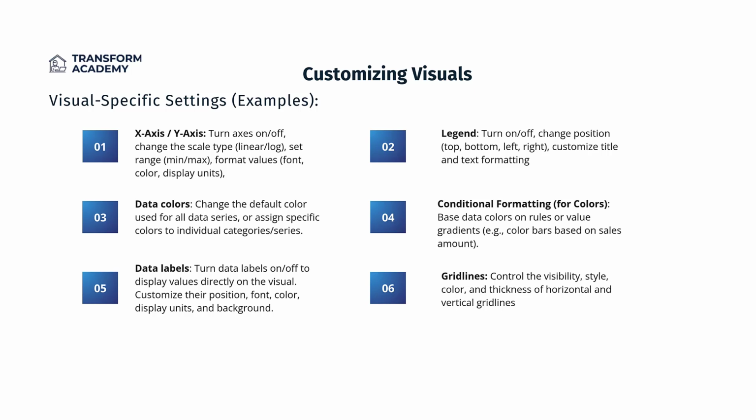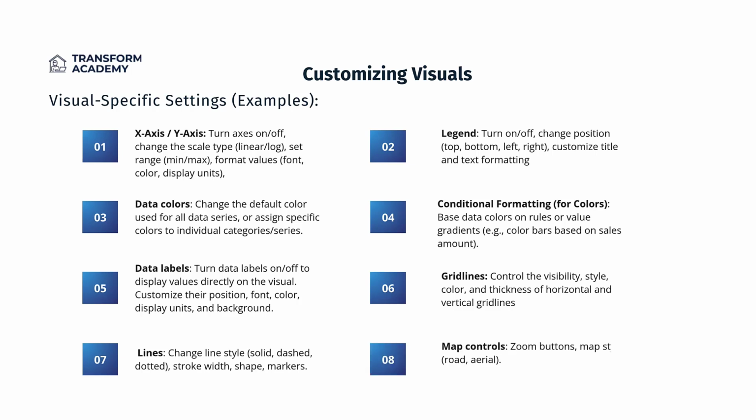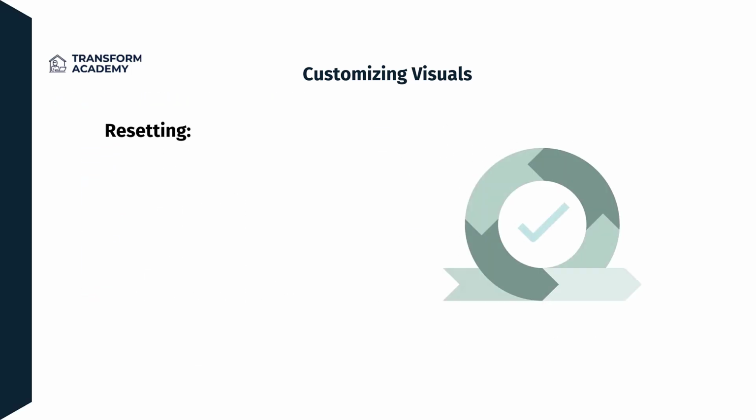Control the visibility, style, color, and thickness of horizontal and vertical grid lines. Columns and bars. Adjust width and spacing and apply borders. Lines. Change line style: solid, dashed, dotted, or stroked, with shape markers. Map controls. Zoom buttons, map style, roads, and areas.